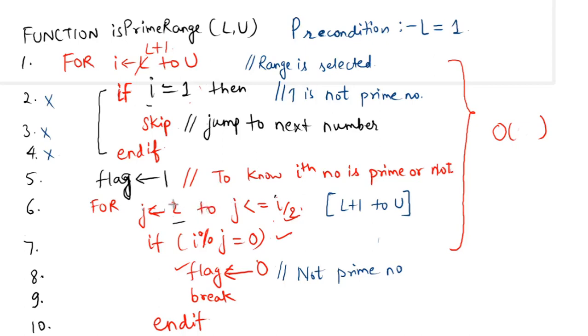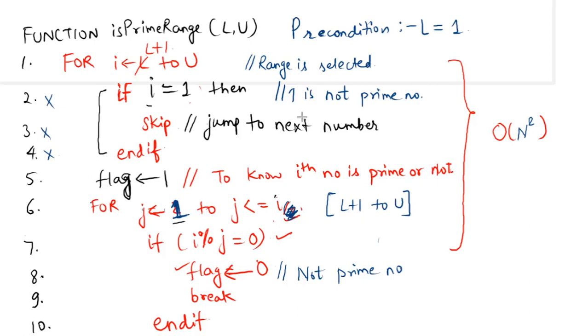So instead of starting from 1, it will start from 2, going from 1 to I, and then the remaining steps will be the same. This is still an n square solution, but it is optimized in such a way that it is slightly better than the previous approach.